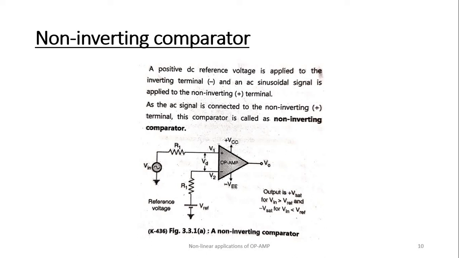The schematic diagram of a non-inverting comparator is shown in this figure. A positive DC reference voltage is applied to the inverting terminal, and an AC sinusoidal signal is applied to the non-inverting terminal. Here plus is non-inverting and minus is inverting.